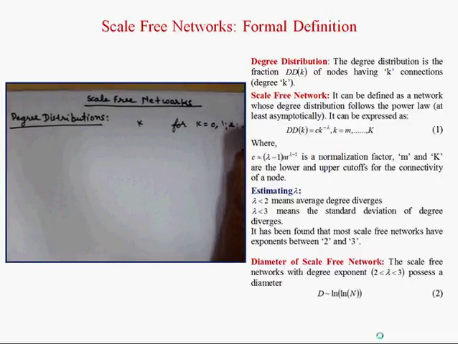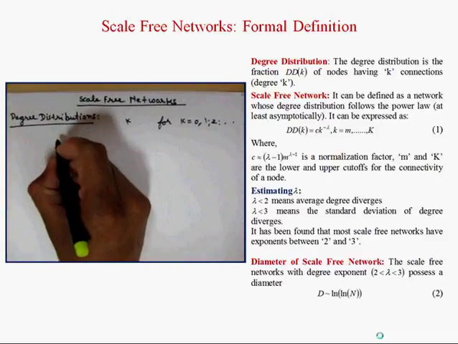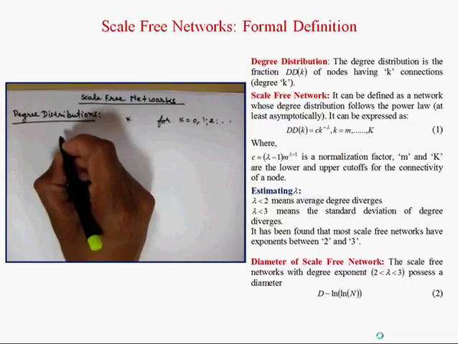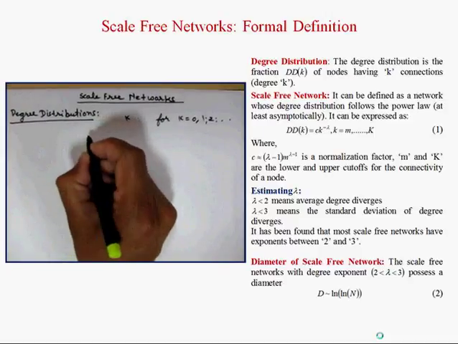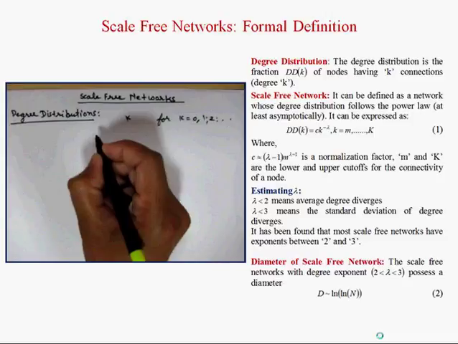In directed networks, the in degree of node n is the number of incoming edges, and the out degree is the number of outgoing edges. Similar to undirected networks, there are in degree distribution and an out degree distribution.